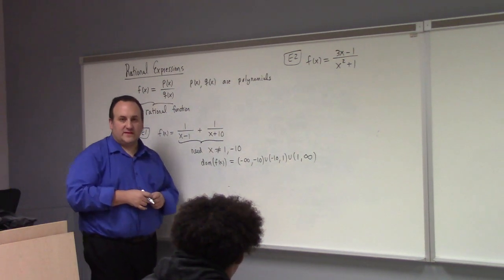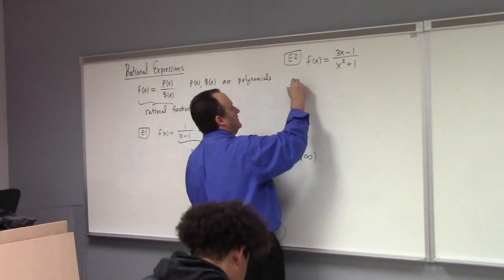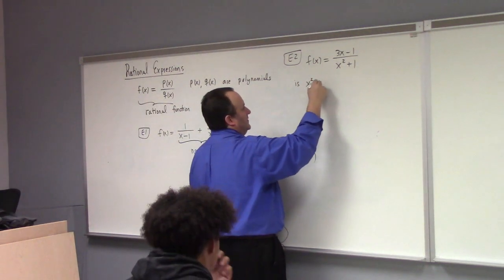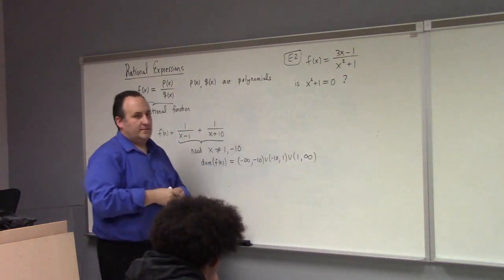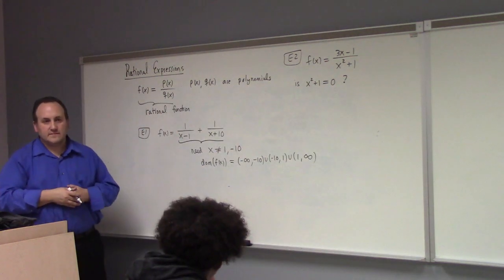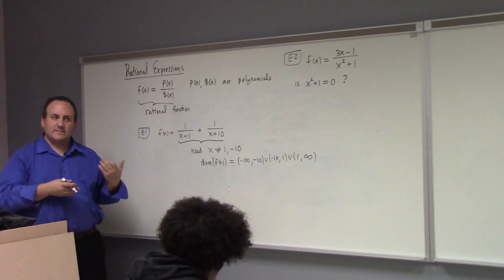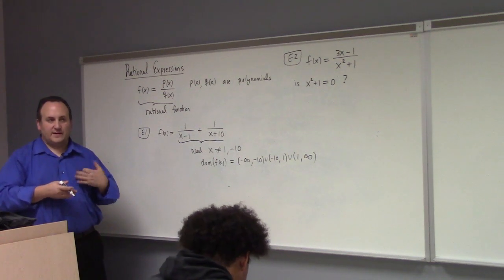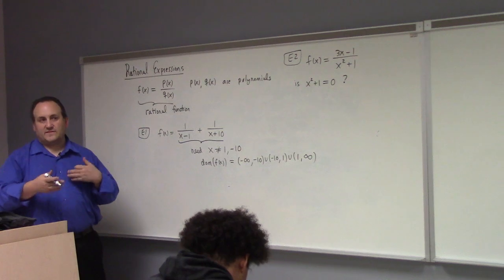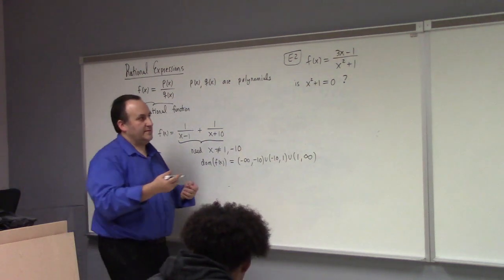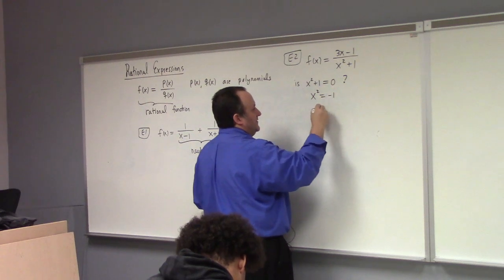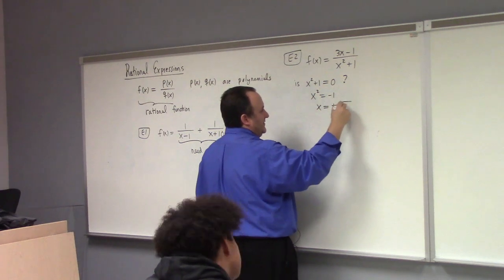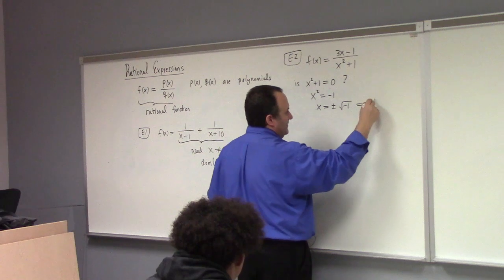So the question is this, right? Is x squared plus 1 equal to 0 for any x? Well, yeah, but those are complex numbers. Plus or minus i is the solution to that, because I get x squared equals minus 1, which gives me x is plus or minus the square root of minus 1, also known as plus or minus i, right?